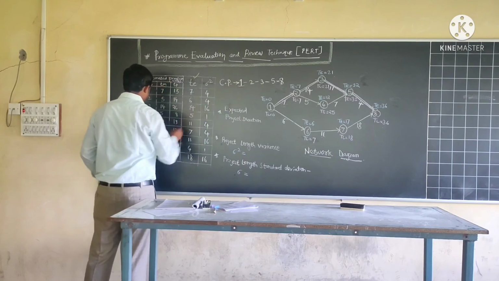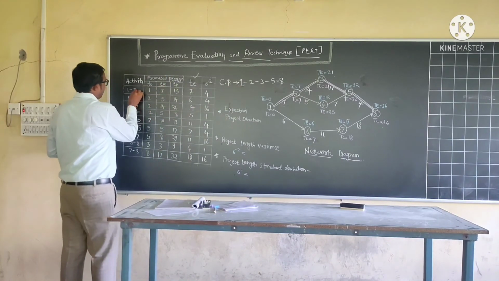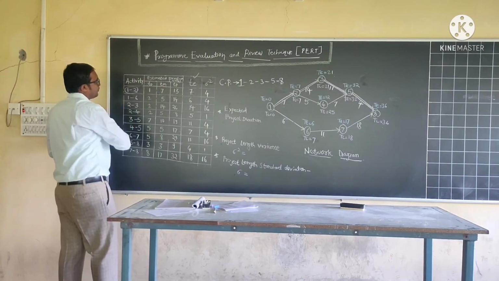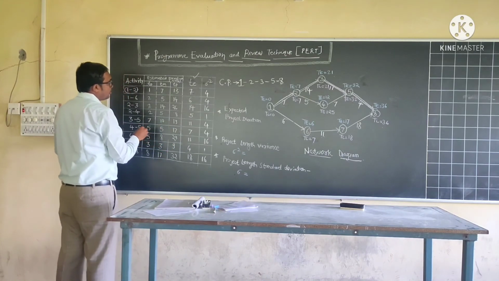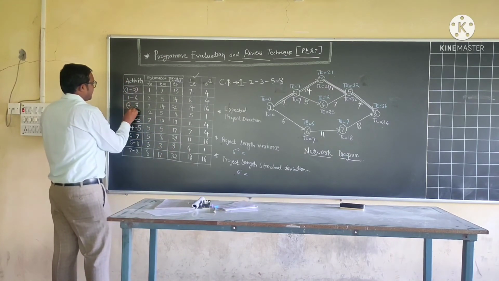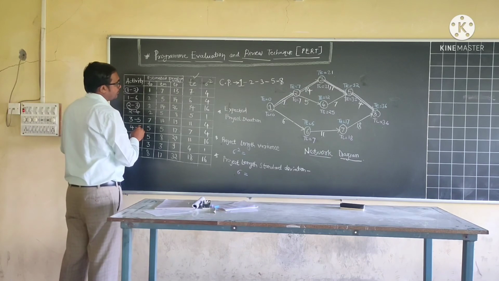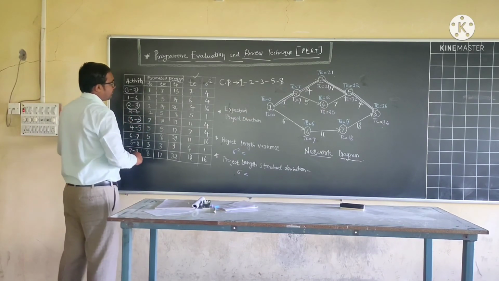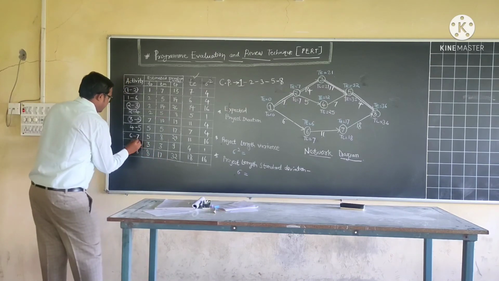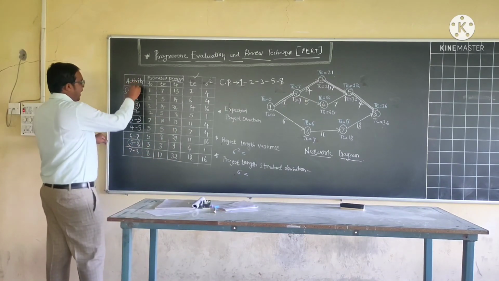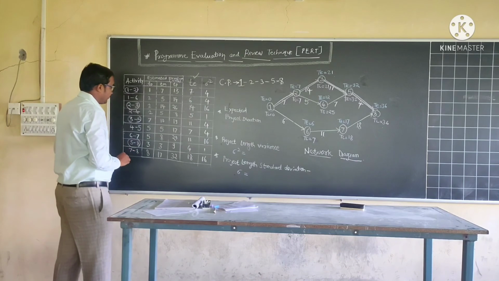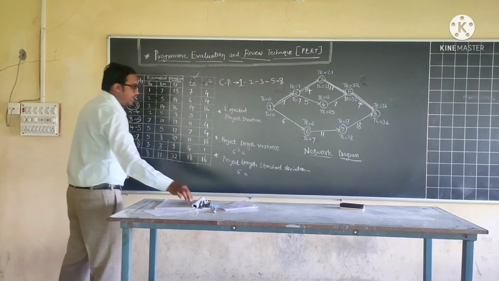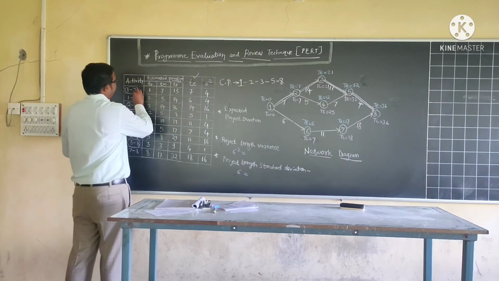Critical path 1 to 2. So let us circle the activity 1 to 2, 2 to 3, 3 to 5 and 5 to 8. Okay, these are the activities on the critical path. Also you can circle the expected time duration.